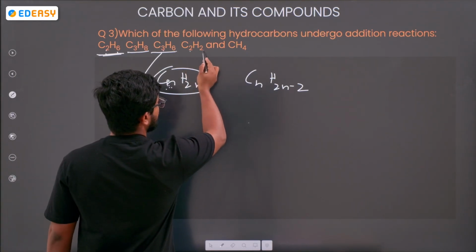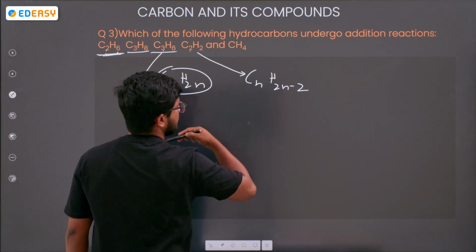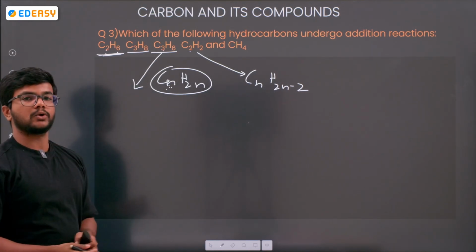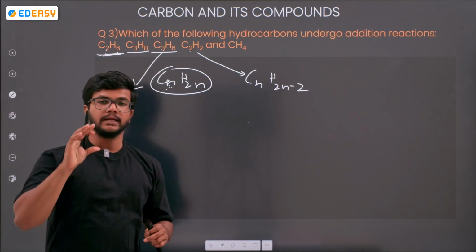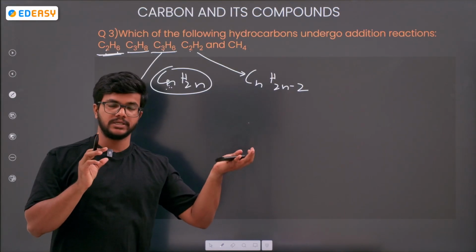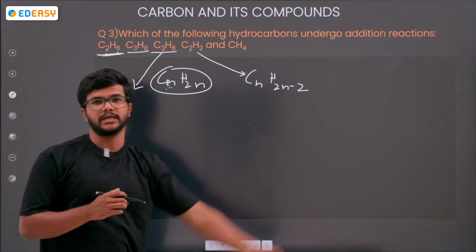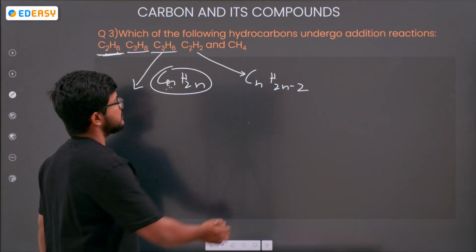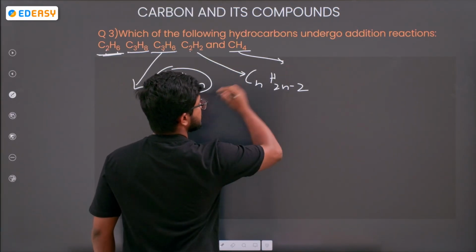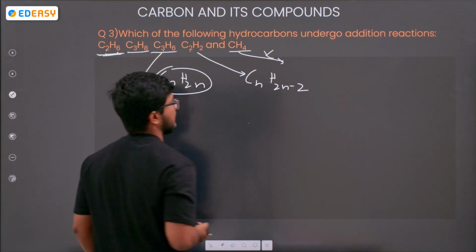This is C2H2, an alkyne, which can undergo addition reaction. Triple bonded carbon on addition of hydrogen gives double bonded, and double bonded on addition of hydrogen gives single bond. This can also undergo. So the alkane compound does not undergo addition reaction.